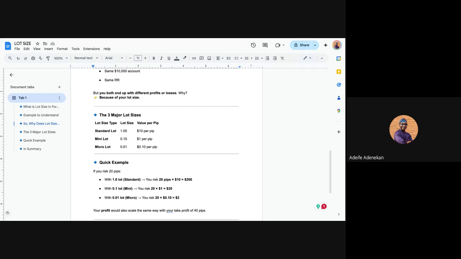Let me share my TradingView and let's do something. I want to make sure that when you leave this class you understand what lot size is. Why can't I present something else?